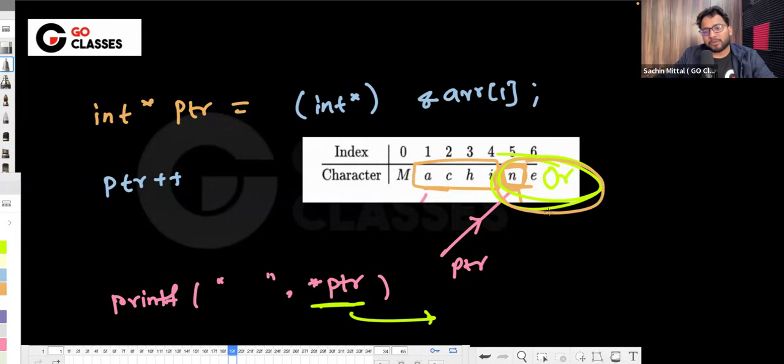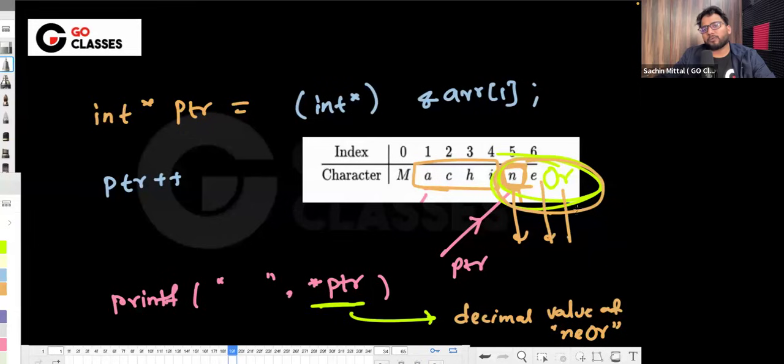So star PTR will print the decimal equivalent of NEOR, which means n will be some binary number, e some binary, o some binary, r some binary. So it will print the decimal value of NEOR if we are directly printing it.